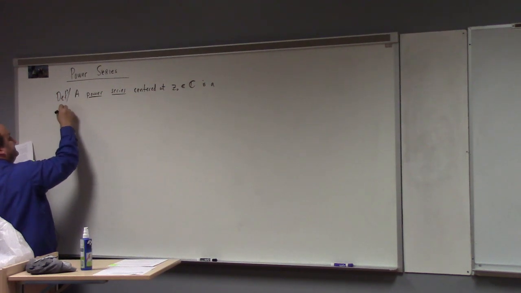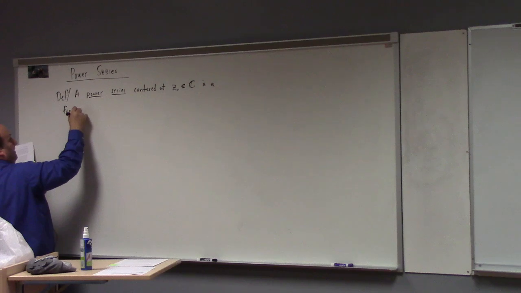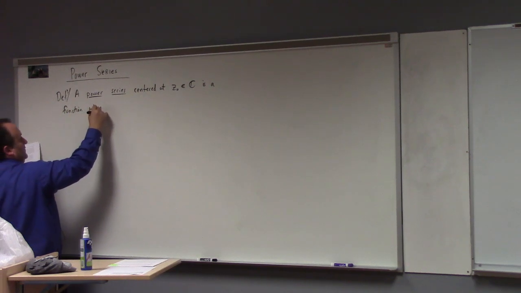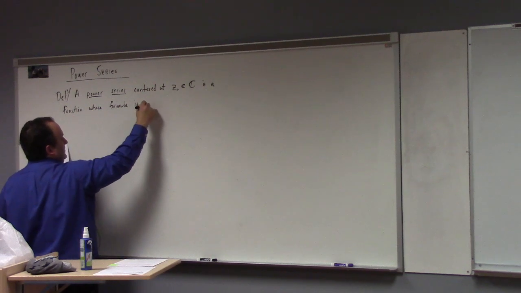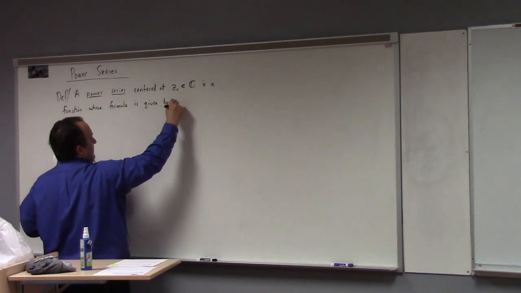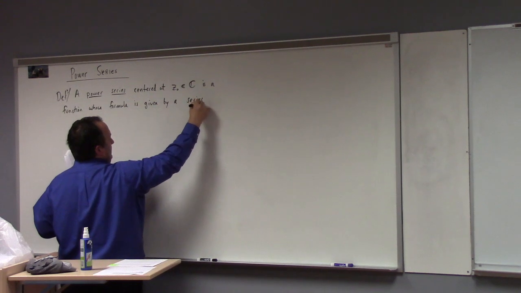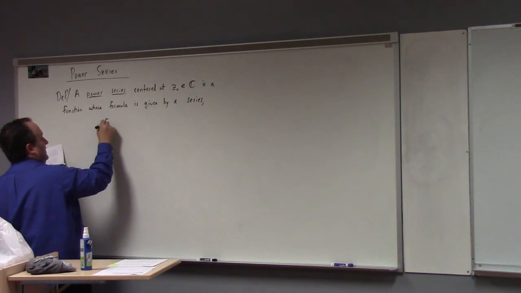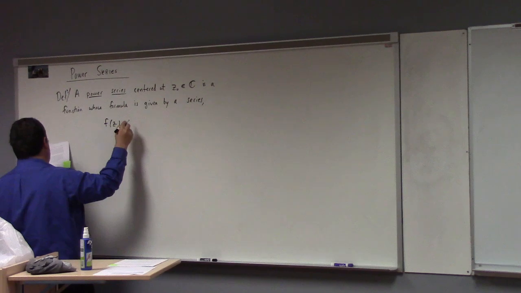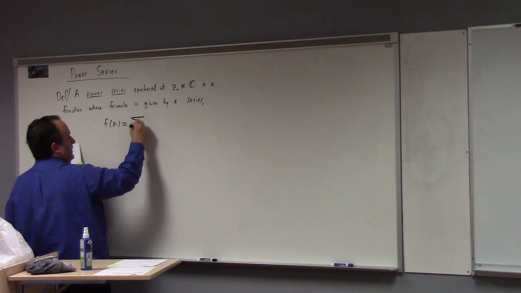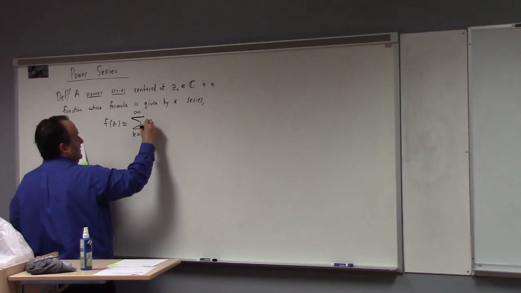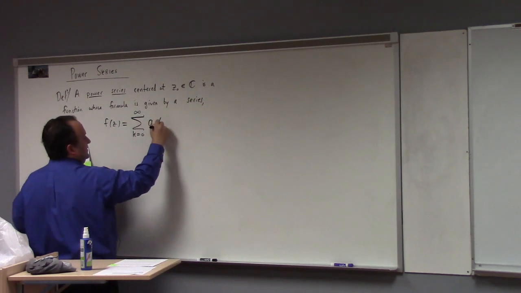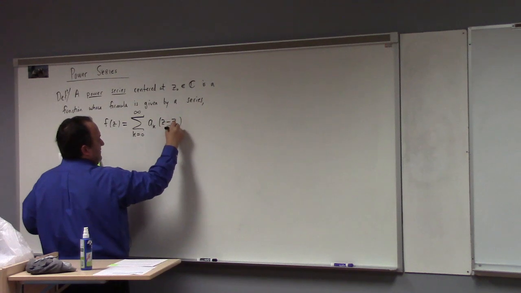A function whose formula is given by a series. In particular, we have f of z is equal to a sum, k equals 0 to infinity of a sub k times z minus z naught to the power k.